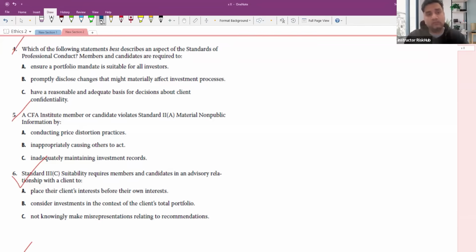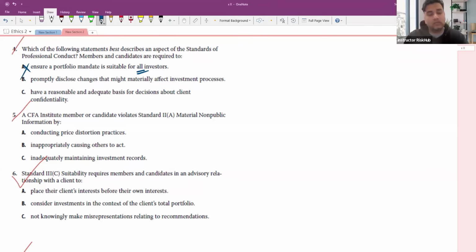Again, portfolios are designed for specific mandates, right? Not for all investors. So again, a classical thing. CFA does not require universal suitability, right? That's not the objective. It's a very portfolio-centric, person-centric kind of advice.